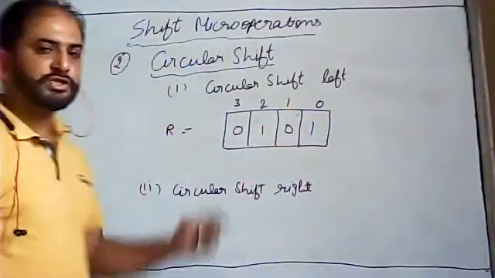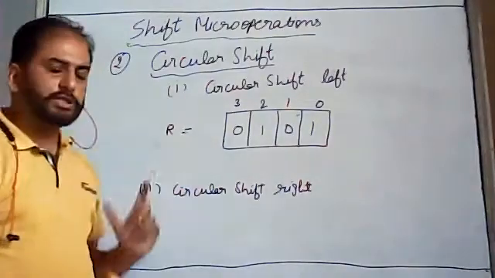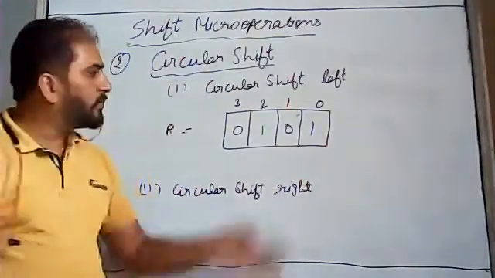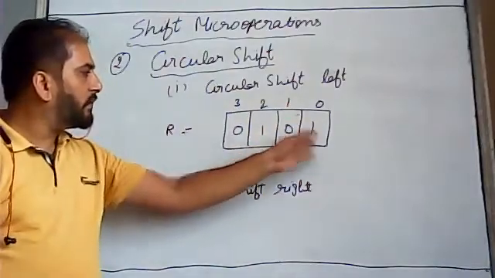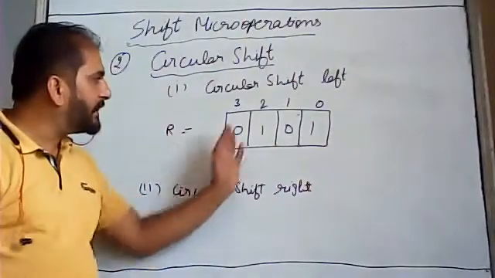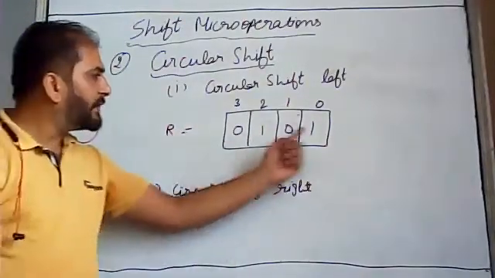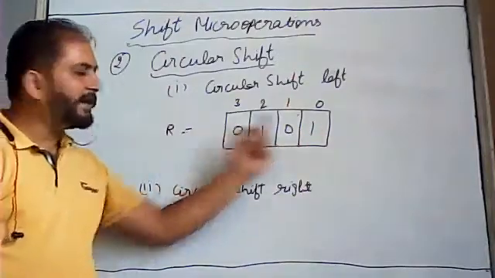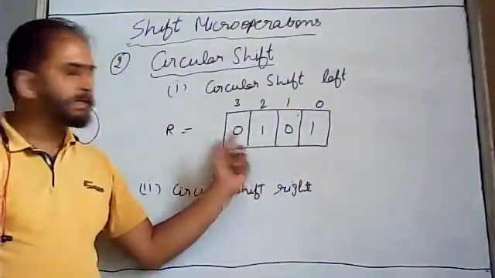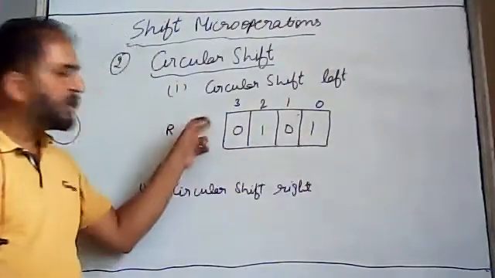In circular shift, our data is not lost. In logical shift, our data is lost because the last bit is discarded. But in circular shift, data is not lost and it circulates from one end to the other end. It rotates.